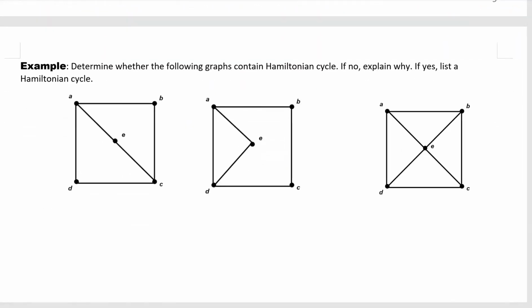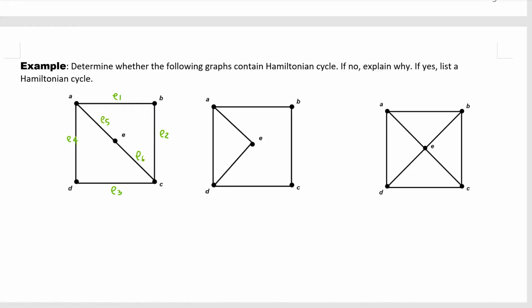Example: determine whether the following graph contains a Hamiltonian cycle. If no, explain why. If yes, list a Hamiltonian cycle. First of all, let's label the edges E1, E2, E3, E4, E5, and E6.